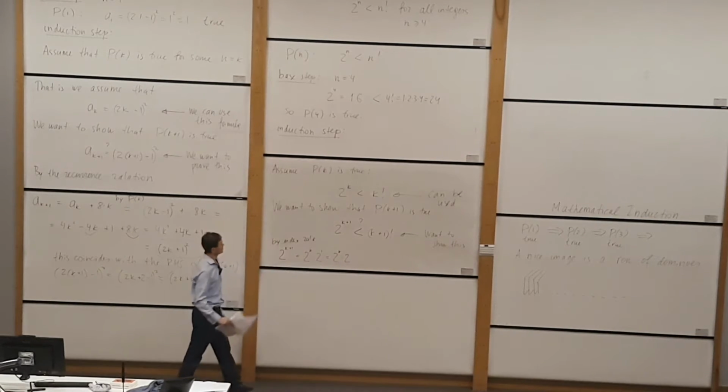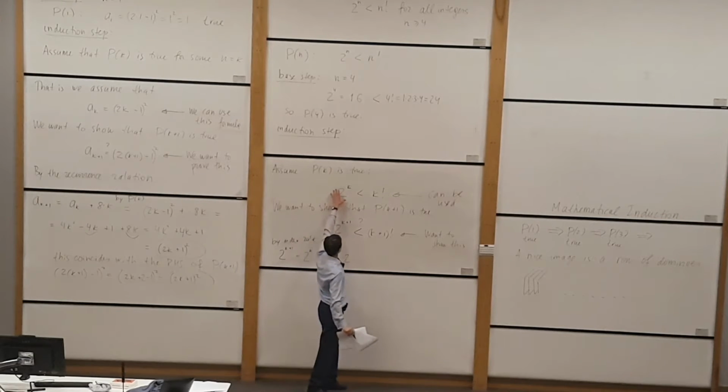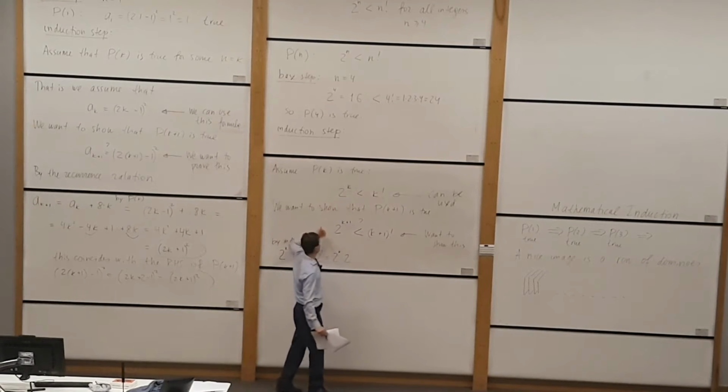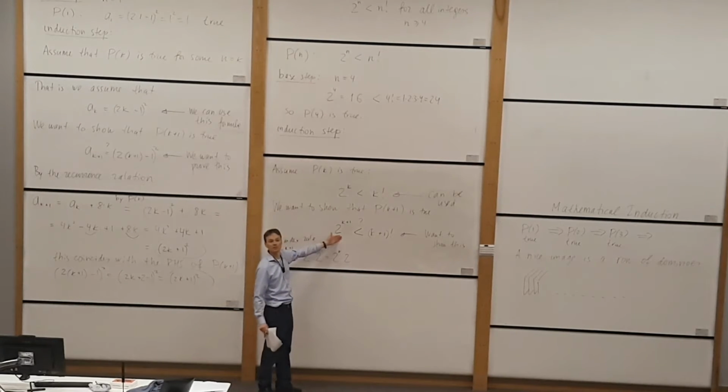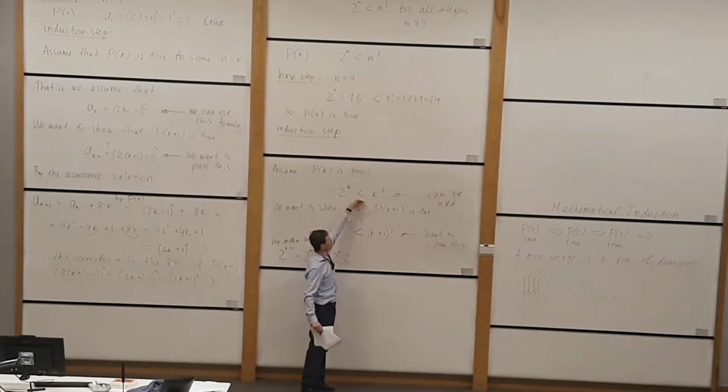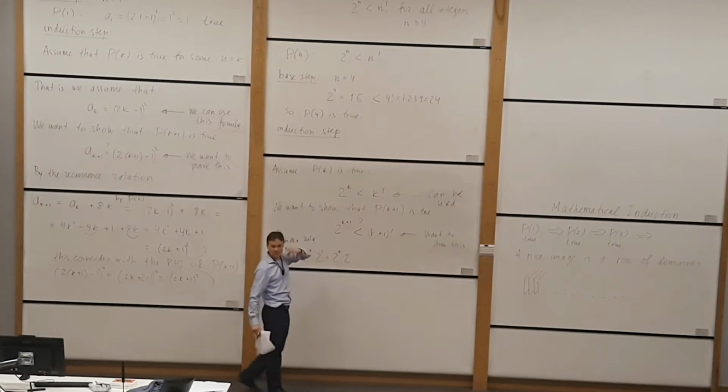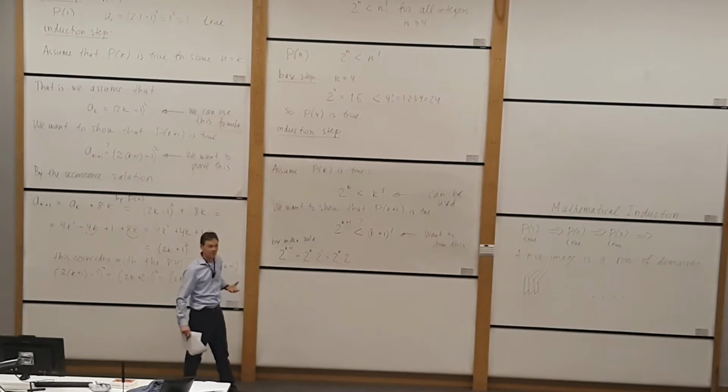And why did I do this? Well, the only inequality I can use contains 2 to the k, while what I have here is 2 to the k plus 1. So I have to bring in some quantities which appear in the statement which I can use, right? And that's the kind of context-depending step.